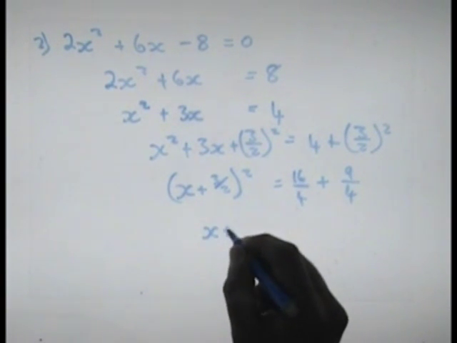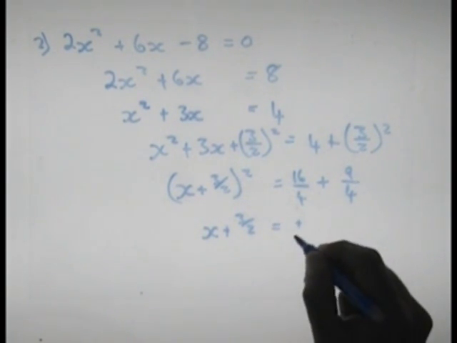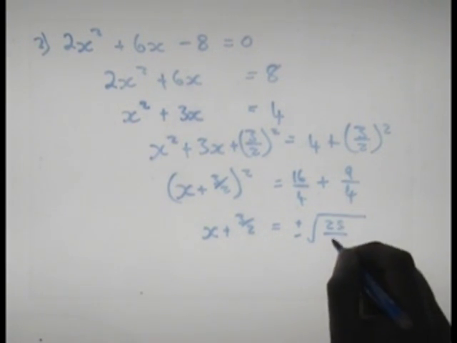This means that x plus 3 over 2 is going to equal positive or negative square root of 16 plus 9, which is 25 over 4.